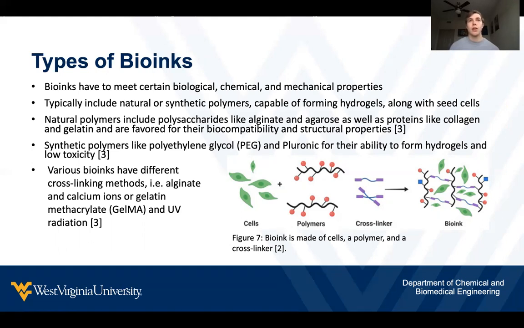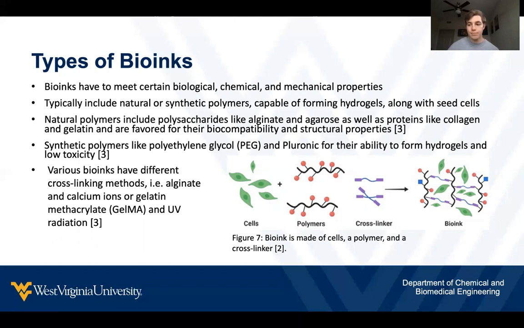There are a lot of different strategies using different bioinks and combinations of natural and synthetic polymers or proteins and polysaccharides, where in general they all follow the same idea, where some type of cell is incorporated with a polymer and a cross-linking agent, and it forms a bioink hydrogel.